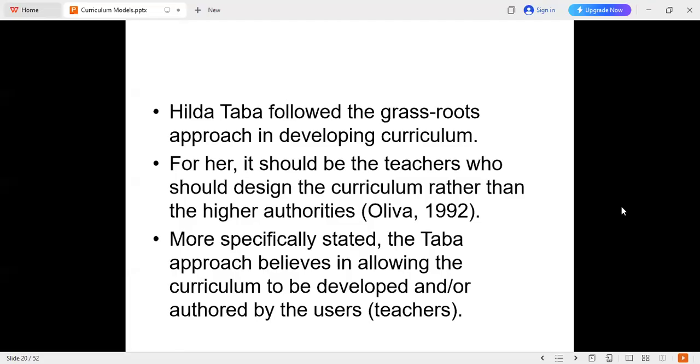Yeah, we do not follow Taba's ideas. More specifically stated, the Taba approach believes in allowing the curriculum to be developed and authored by user teachers. It's not happening. They may have some practical problems.